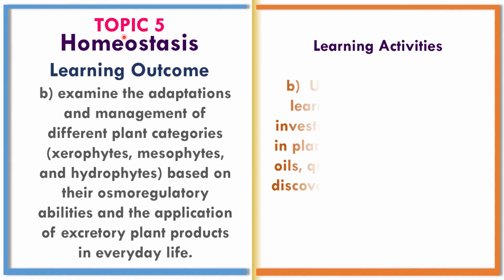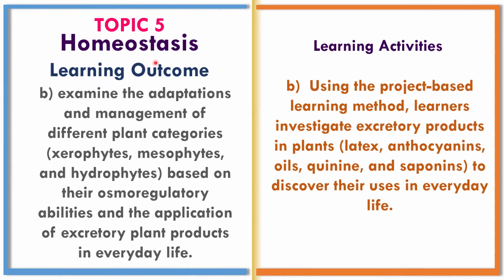Thank you for participating in Topic 5, Homeostasis. We have been looking at learning outcome B: Examine the adaptations and the management of different plant categories, xerophytes, mesophytes, and hydrophytes, based on their osmoregulatory abilities and the application of excretory plant products in everyday life.